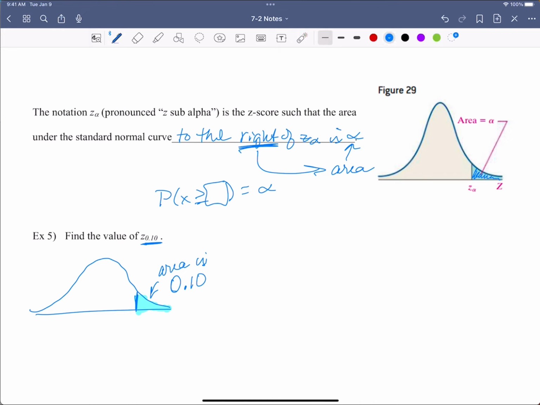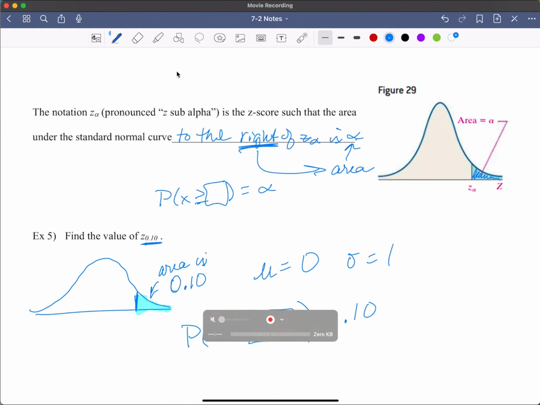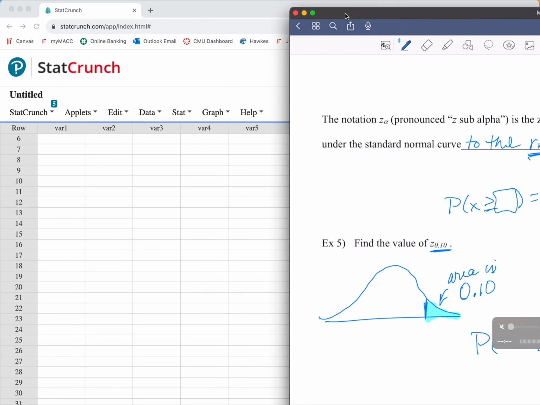Given that information, I know my mean is 0 and my standard deviation is 1. That's what we automatically have. The key to this one is this probability here, x is greater than or equal to whatever that value is. This equals 0.10, and it's going to give me that big area that we're talking about here.